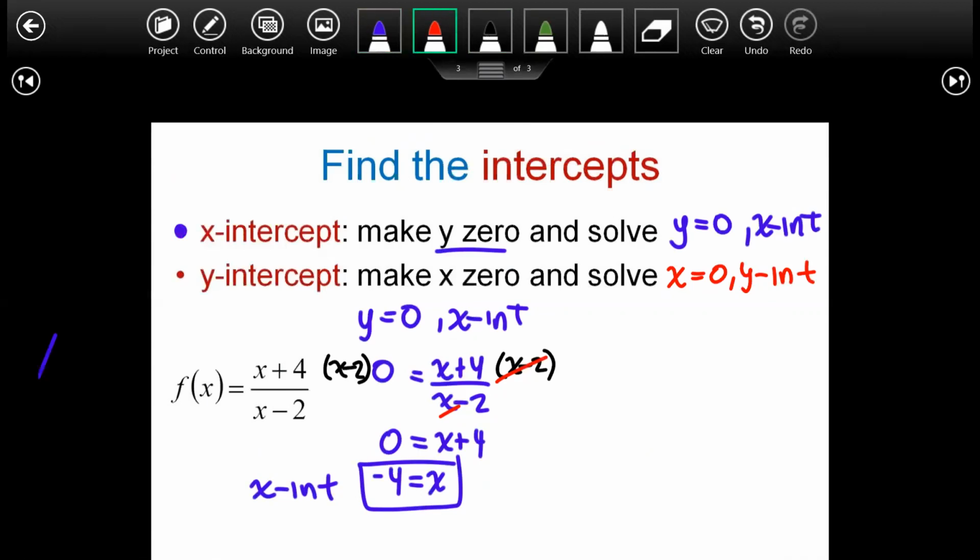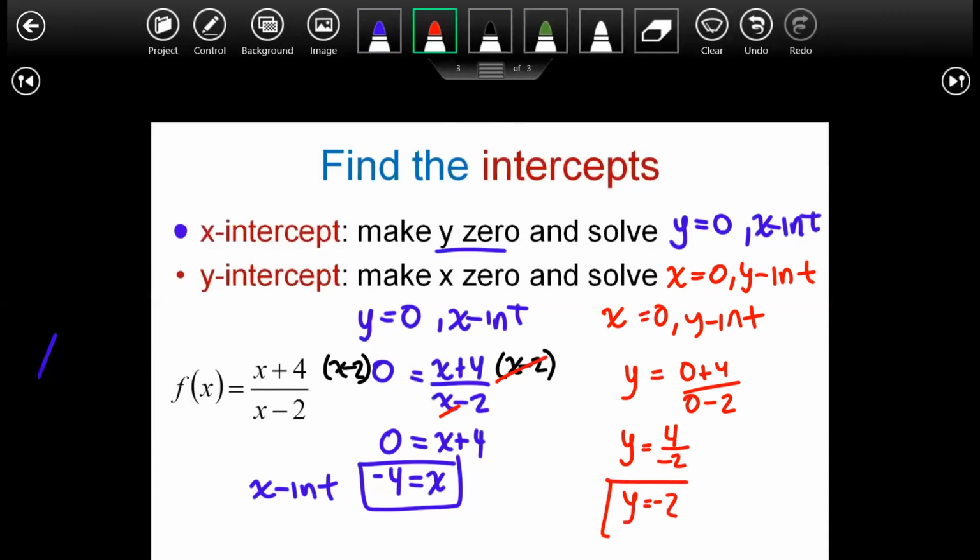If we do the y-intercept, or x equal to 0, we're going to get a y-intercept. We set y equal to 0 plus 4 over 0 minus 2. We're going to get 4 over -2, or y is equal to -2. Kind of nice, right? This will be our y-intercept.